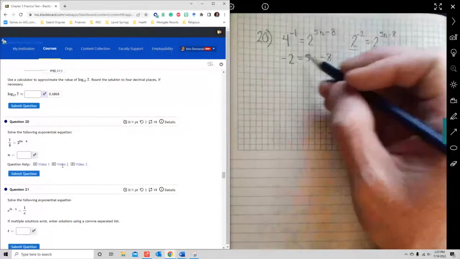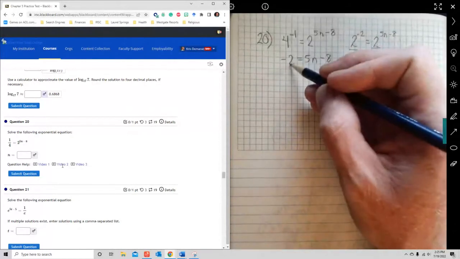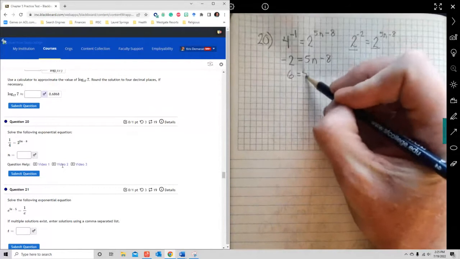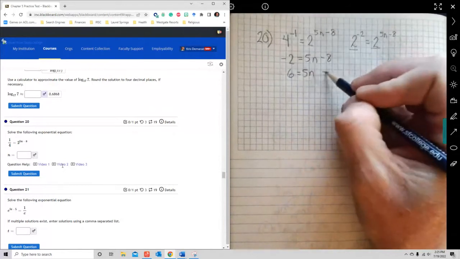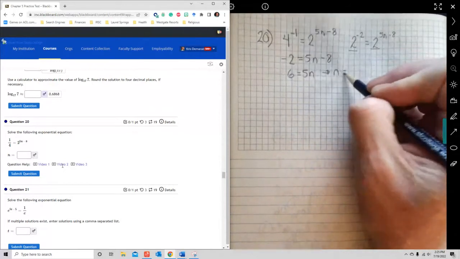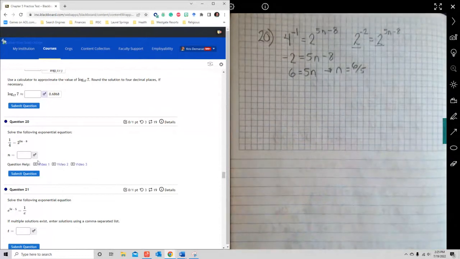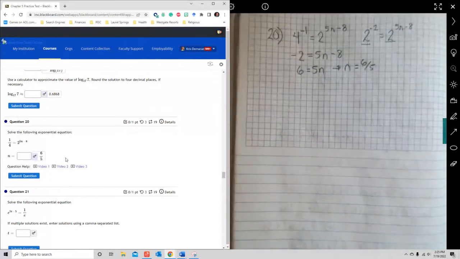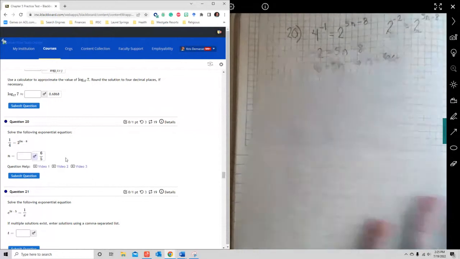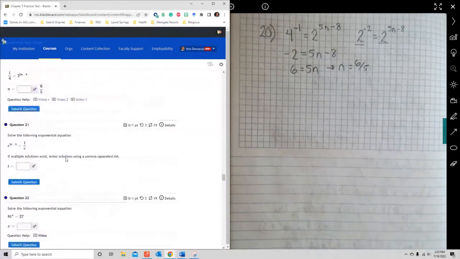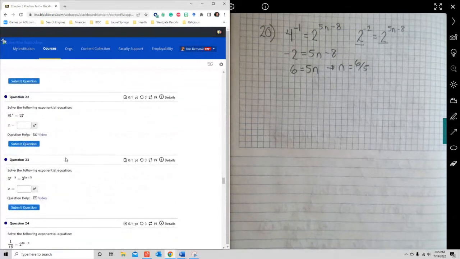So we add 8 to negative 2, we get 6. And then our answer will be n is equal to 6/5. Okay. That's consistent with the teachings I gave to you before.